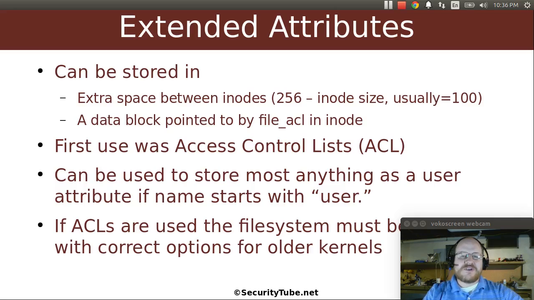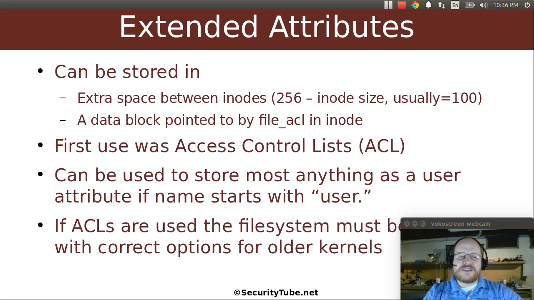You can store all kinds of stuff. So some of you might be familiar with Windows alternate data streams, and this is a way that you can hide information inside of a Windows file. So you can do something very similar here in Linux with an extended attribute. We'll show you how to do this in a little bit.